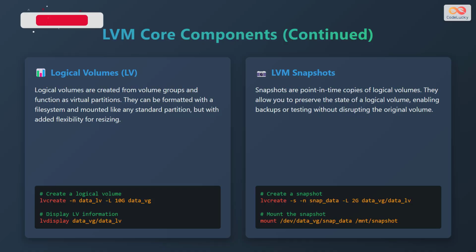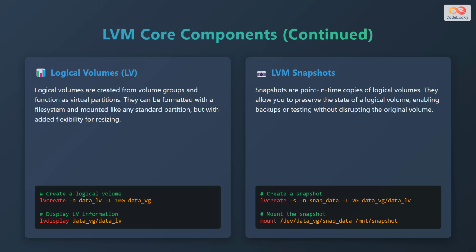Let's continue exploring the core components of LVM. Next, we have logical volumes, abbreviated as LV. Logical volumes are created from volume groups and function as virtual partitions. They can be formatted with a file system and mounted like any standard partition, but with added flexibility for resizing.